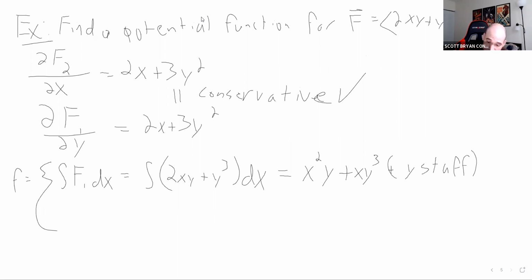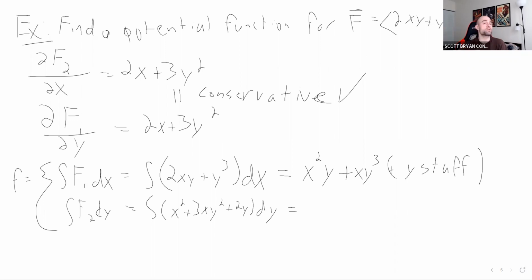So to figure out that stuff, we're going to integrate the second component, x squared plus 3xy squared plus 2y, with respect to y.